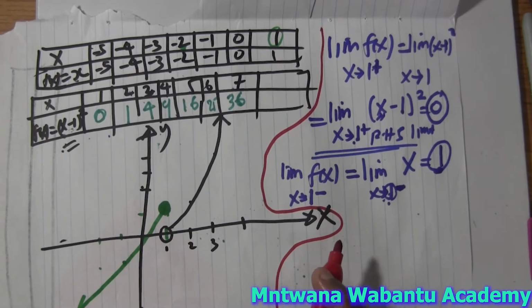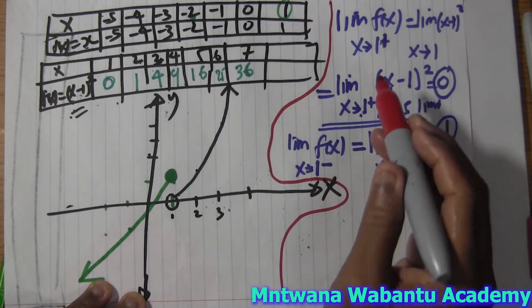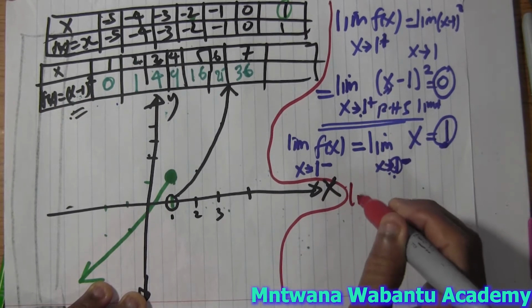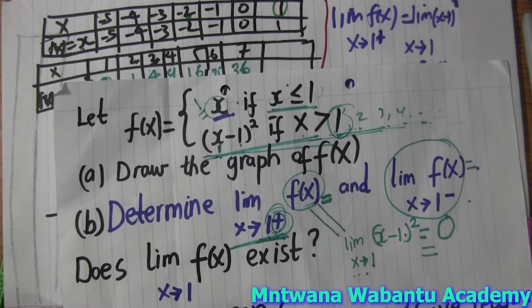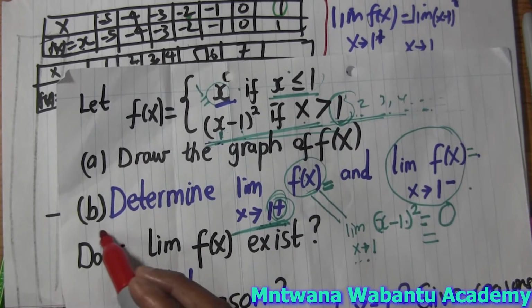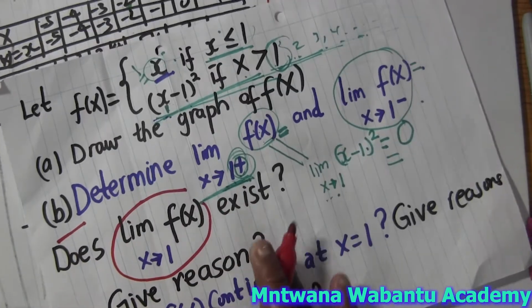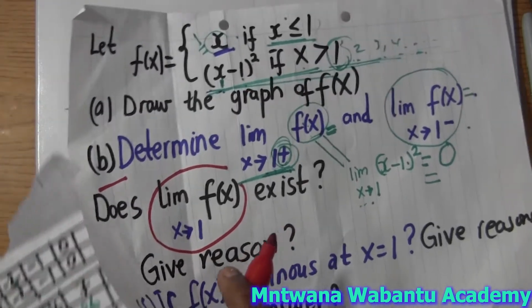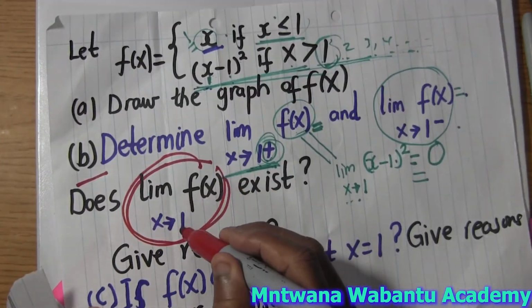For any limit to exist... Let's go for part B. They say, determine whether this exists. For this to exist, c equals 1.